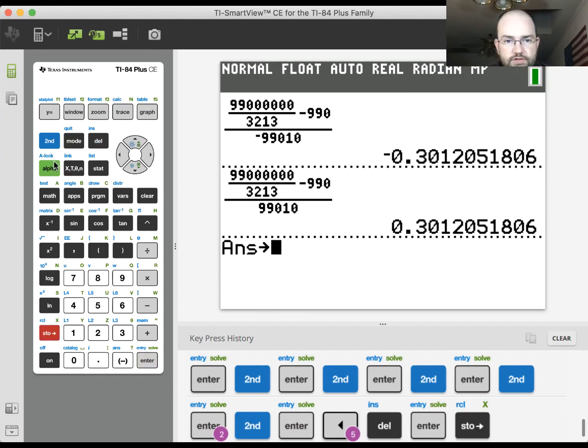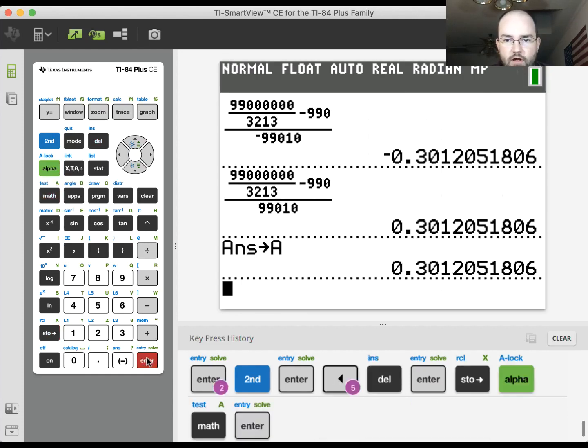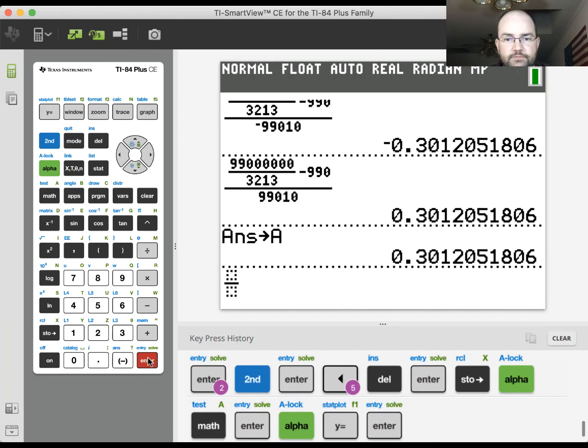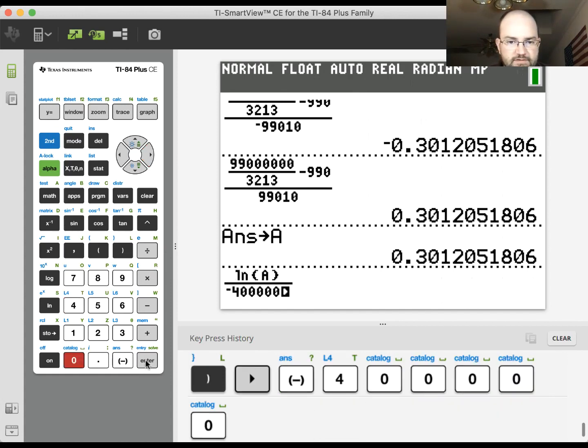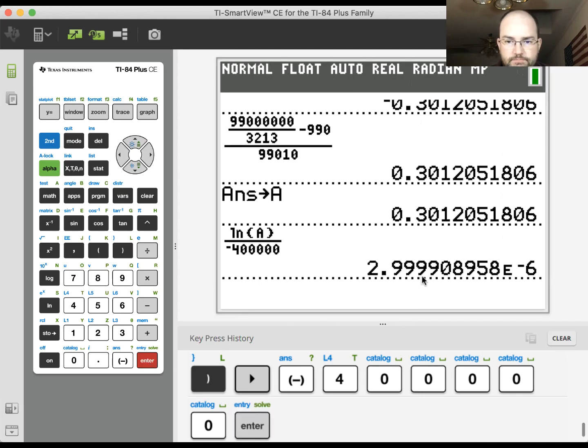Now store that into A. Awesome. And now do our expression. Alpha y equals enter, and the numerator will be natural log of A, close parentheses. And then in the denominator, we have negative 400,000. Enter. Awesome. And notice that this is going to be basically 3 times 10 to the minus 6.